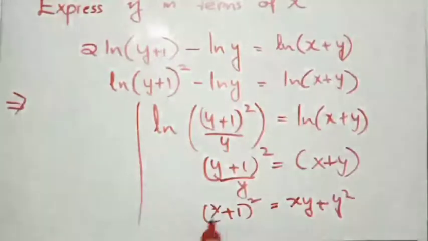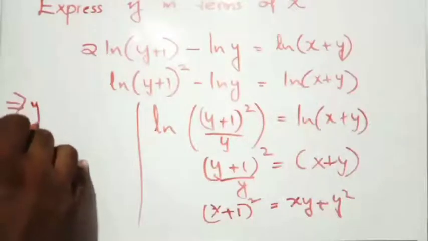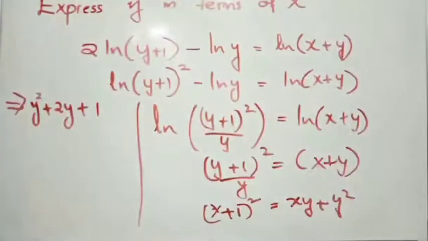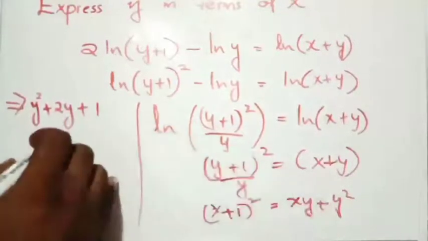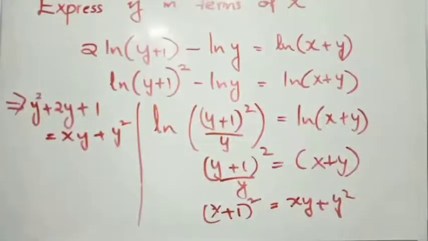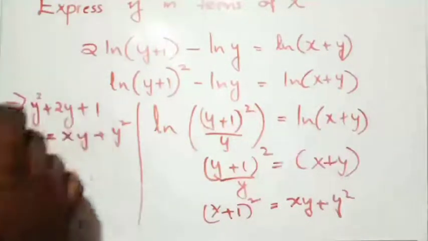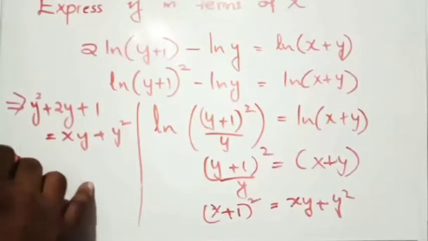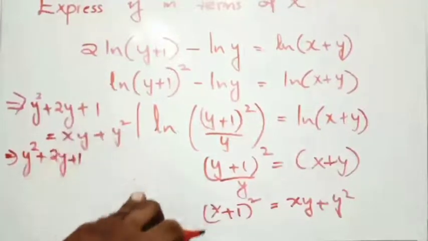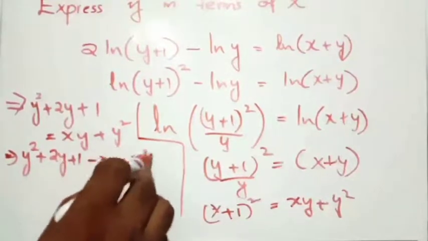Let's expand (y plus 1) the whole square. (y plus 1) the whole square is y squared plus 2y plus 1, (a plus b) the whole square. That is equal to xy plus y square. So let's take all the terms to the left hand side, we get y squared plus 2y plus 1 minus xy minus y squared is equal to 0.